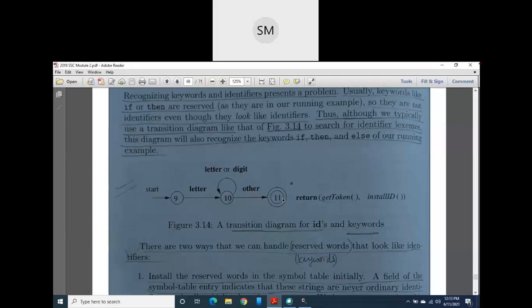A is a variable. If you are in state 9 and you receive the input a, it is a letter, so you should move to the next state. Then after a, a comma is there, so once the comma comes, you go to the next state and decide it as a final state.